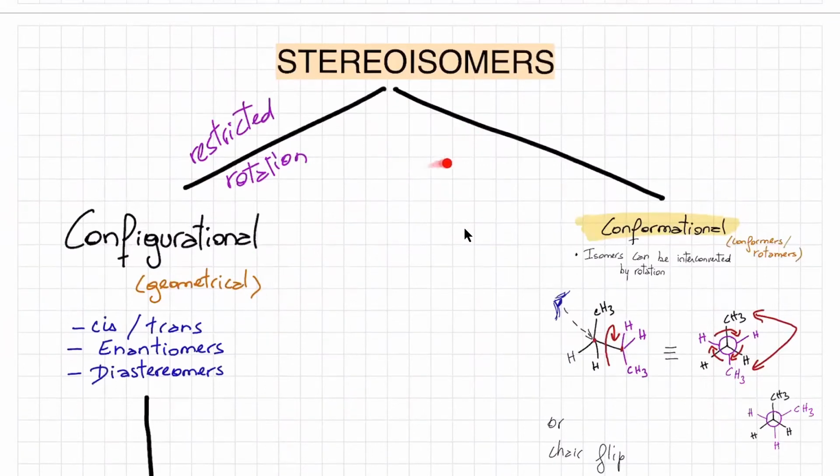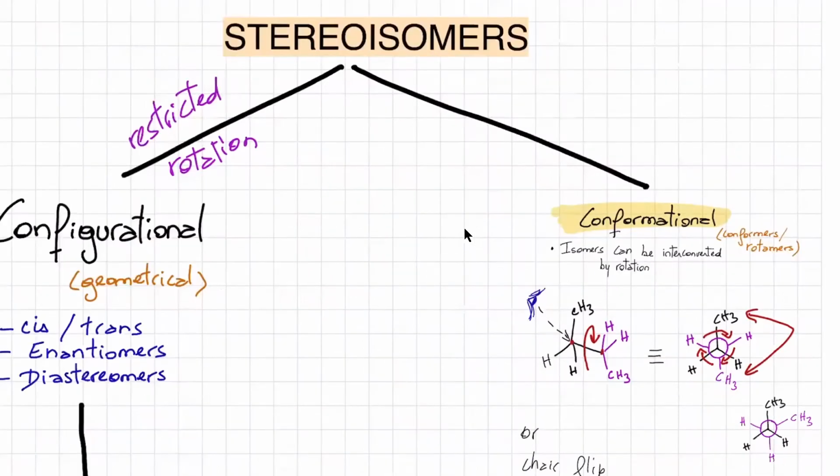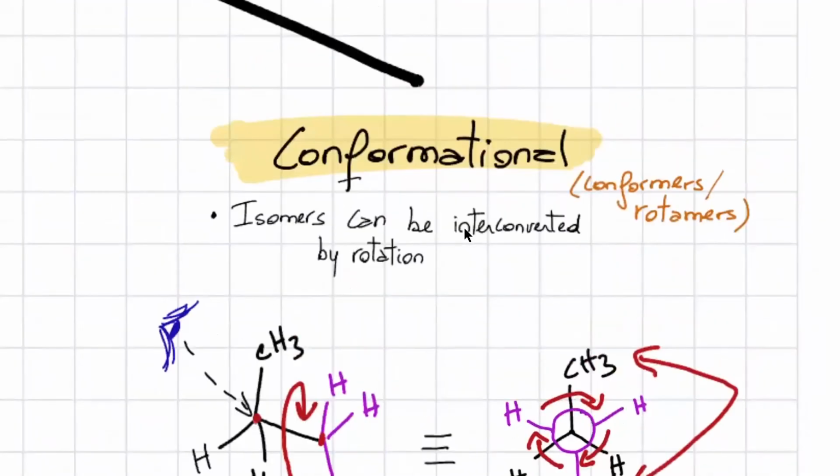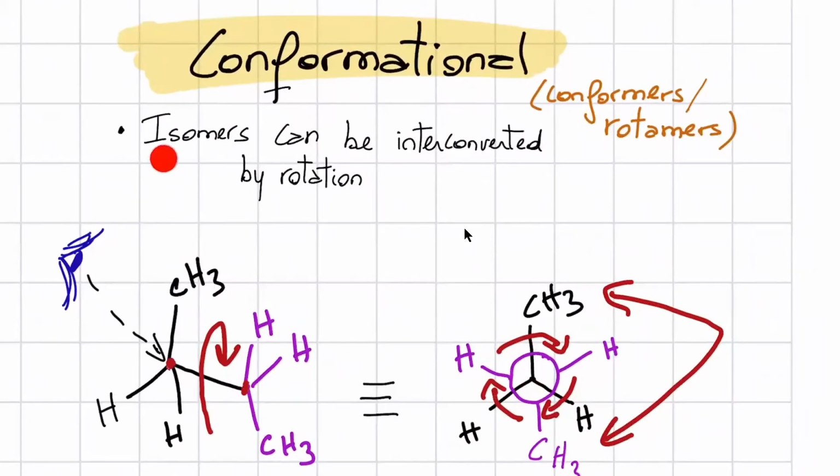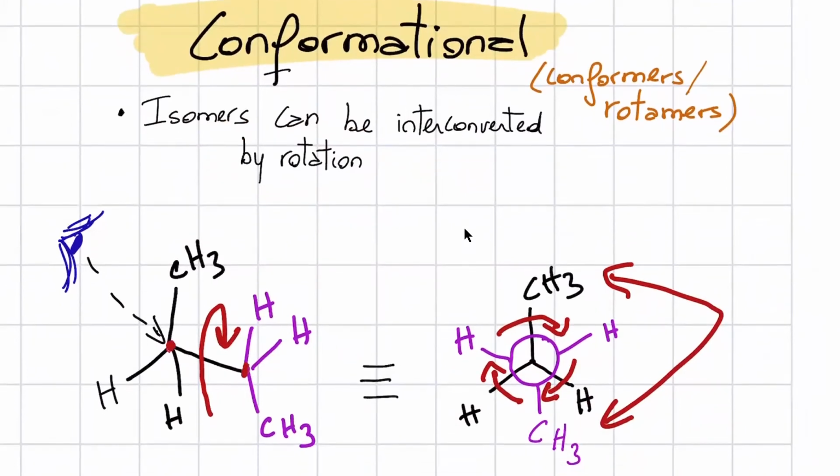Now let's go on the other side and let's talk about conformational stereoisomers. They are isomers that can be interconverted by rotation. What does that mean? Again, if you're familiar with the Newman projection, I quickly drew one molecule here, and I would like to make a quick demonstration of this compound.